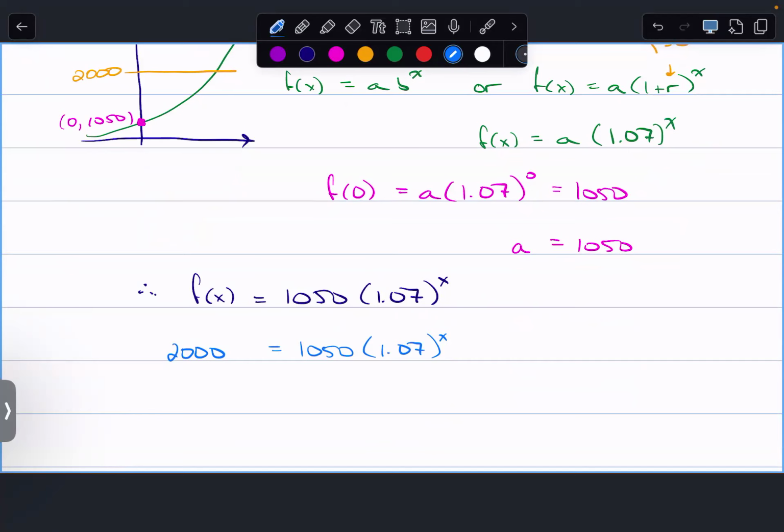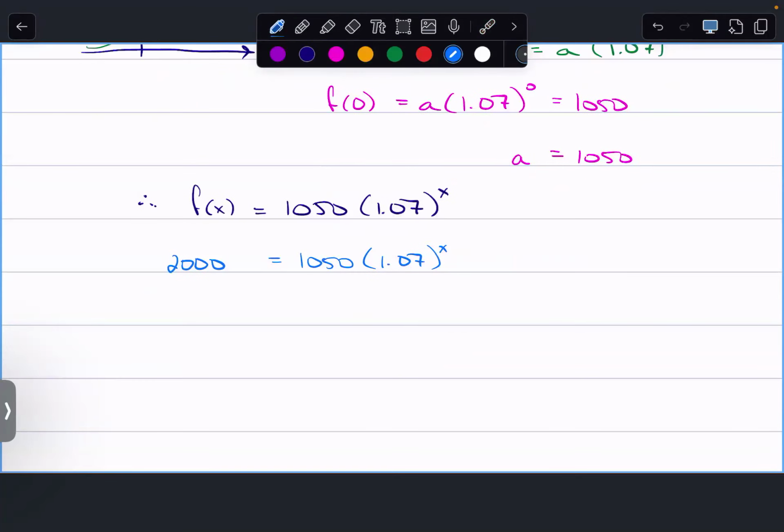All of a sudden, I know how to solve this, because this looks exactly like all the other ones we were just solving. I have to isolate the exponential function, which in this case is 1.07 to the power of x. So I need to divide both sides by 1050.